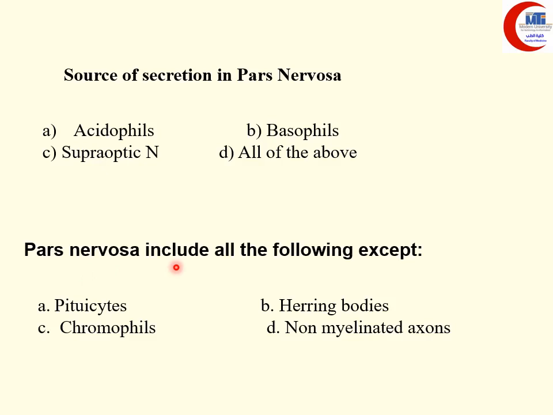Pars nervosa includes all the following except. As we mentioned, pars nervosa contains pituicytes, Herring bodies, unmyelinated axons, but not chromophils. So the right answer is letter C, chromophil, as chromophils are present in pars distalis, not pars nervosa.